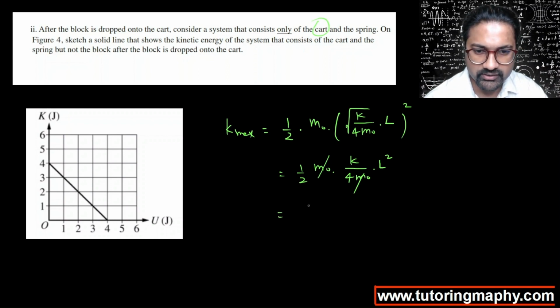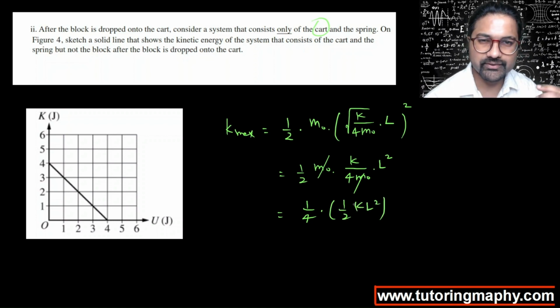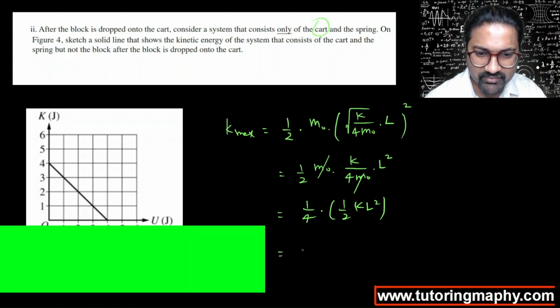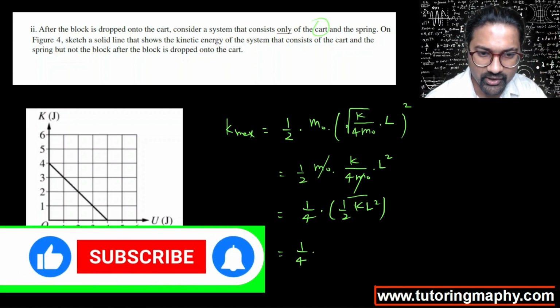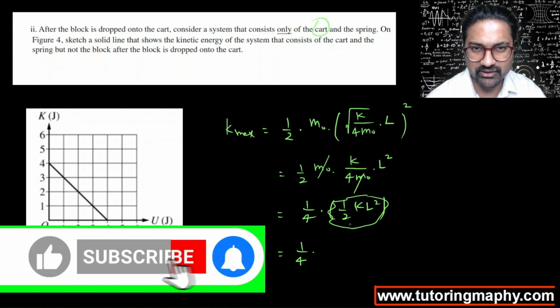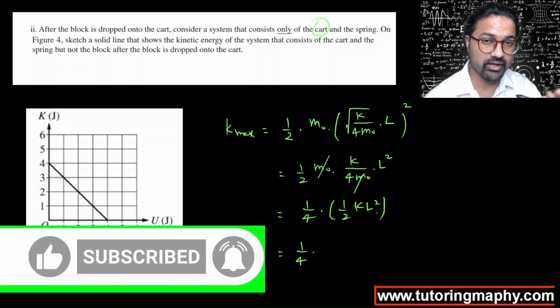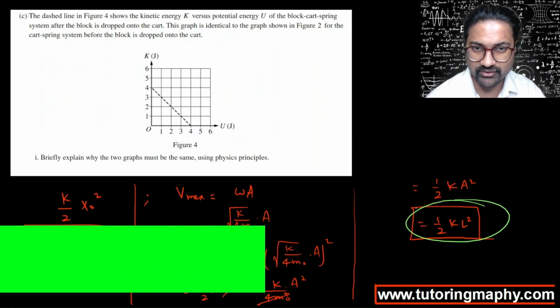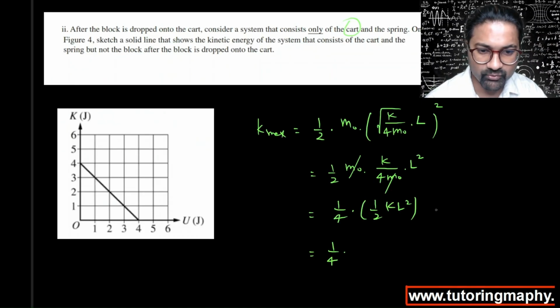I'm going to write that as 1/4 of 1/2 KL square. Why? Because this makes clear sense that now the maximum energy is 1/4 of the initial energy, because half KL square was the initial energy, right? Here you go. This is the initial kinetic energy. So this is 1/4 of the initial maximum kinetic energy.